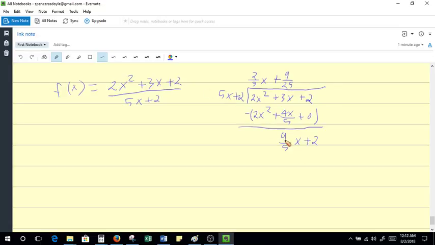And we don't need to multiply through because that's just going to say that it didn't divide evenly, and we don't care. All we care about is this term right here. So as soon as we run out of x values up here, we're done. We don't need to go any further. And this is our slant asymptote. So our slant asymptote is y equals 2 over 5x plus 9 over 25.